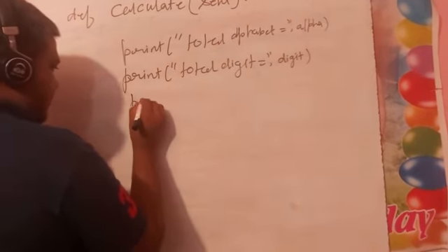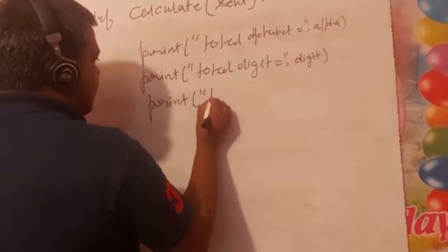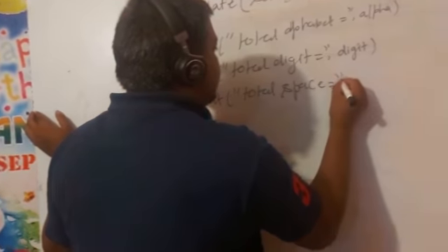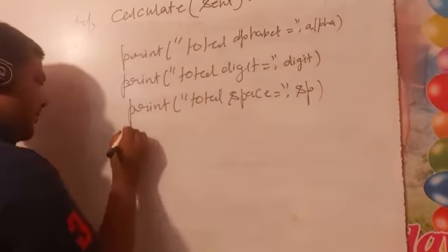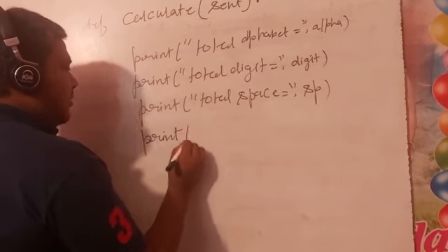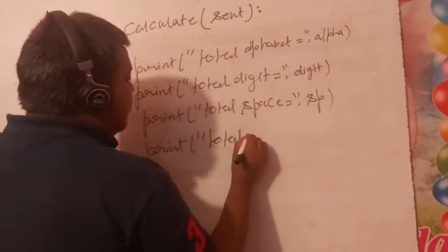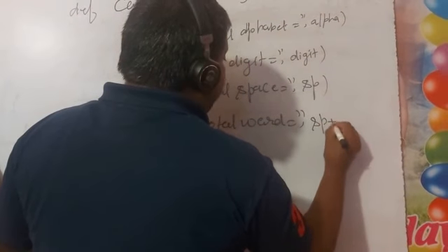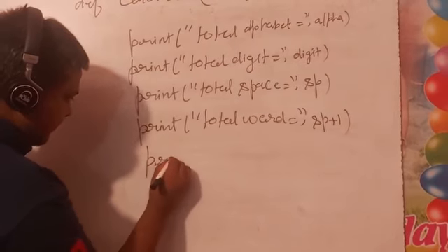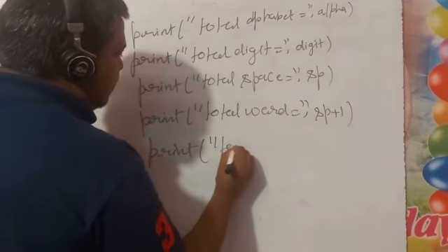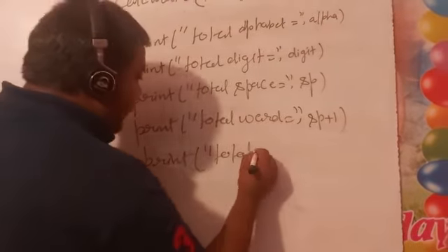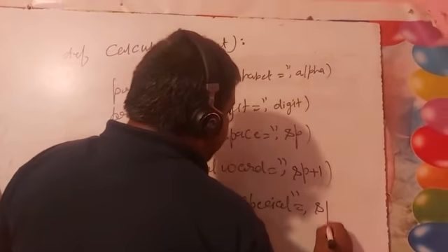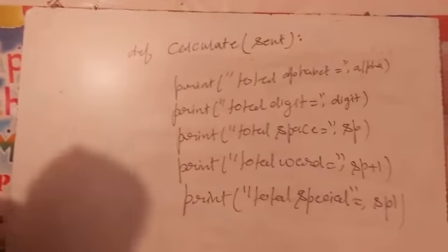Print total space is equal to, comma, space. Print total word is equal to, comma, space plus 1. Print total special character is equal to, comma, special. So this is how the function works.